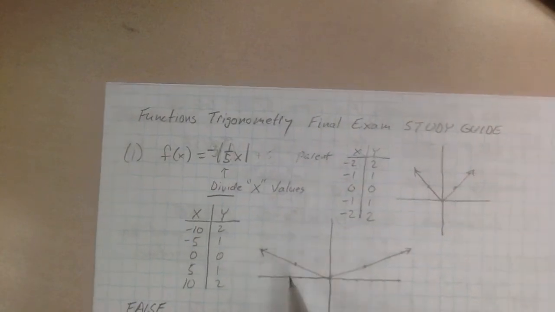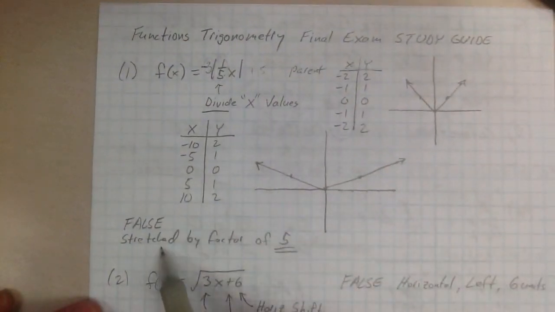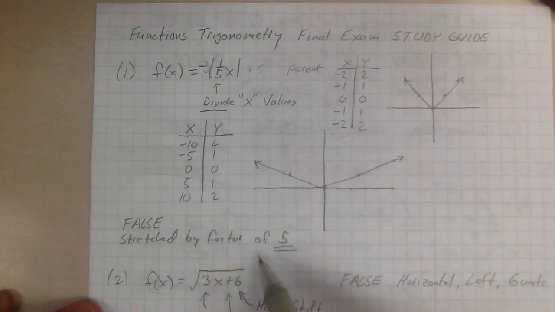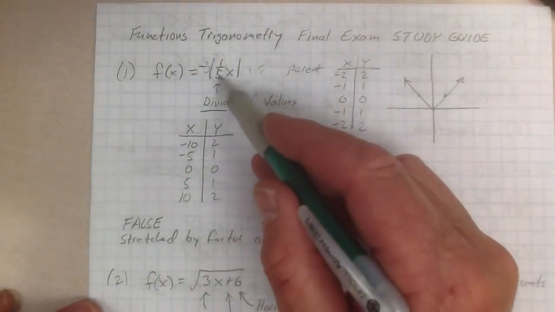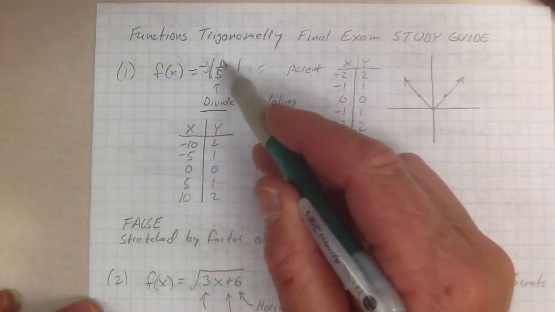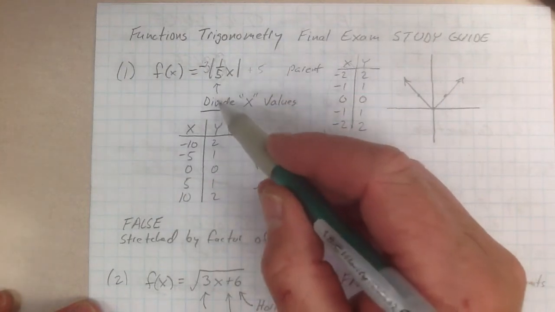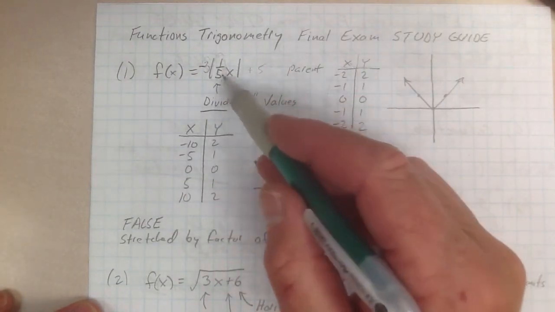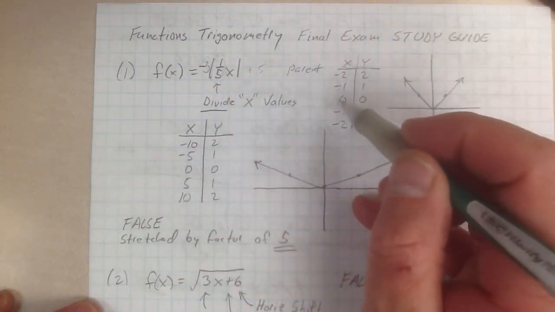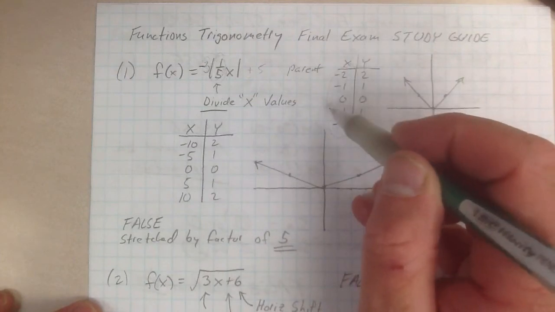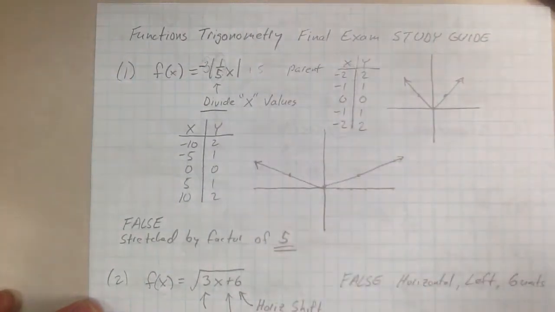So the answer would be false. It was stretched, but by a factor of 5, not by a factor of 1/5. If this coefficient had been 5 instead of 1/5, then it would have been true, because I would have divided my x values by 5 instead of multiplying by 5.